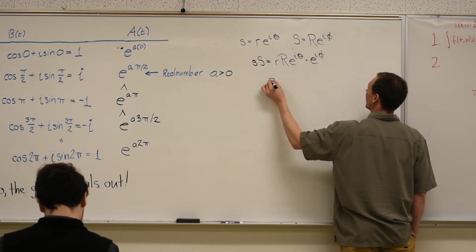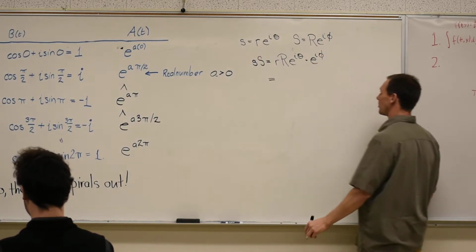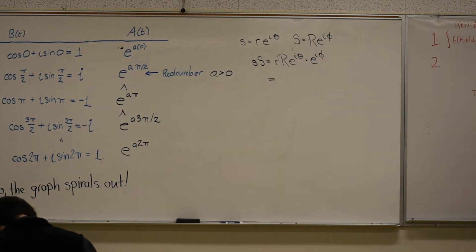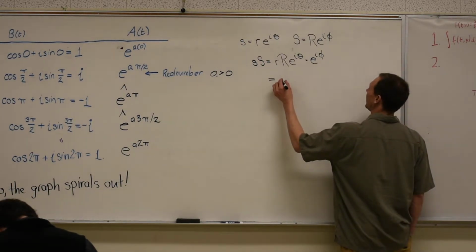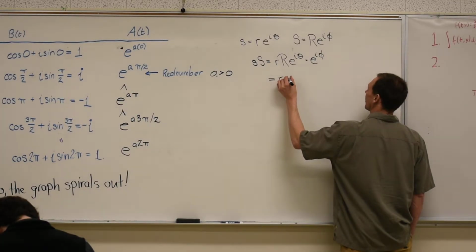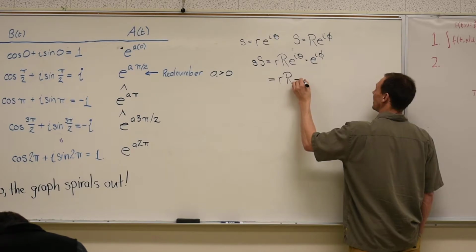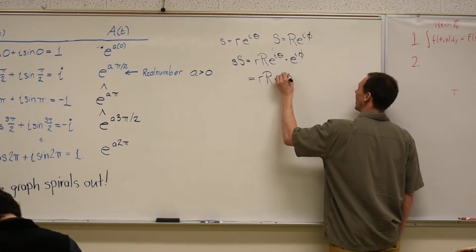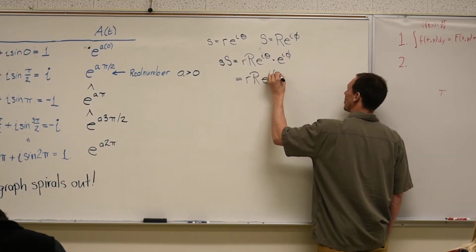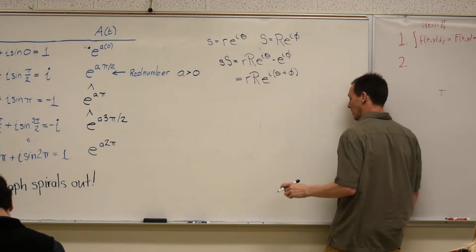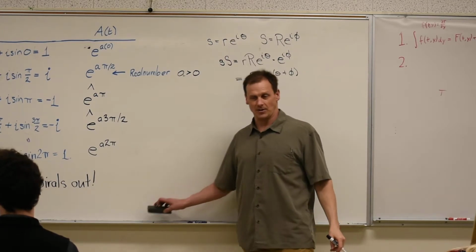But that cleans up really nice. How does it clean up? It cleans up as little lowercase r times capital R times e raised to the i parentheses theta plus phi. There's a lot of different things we can do here.